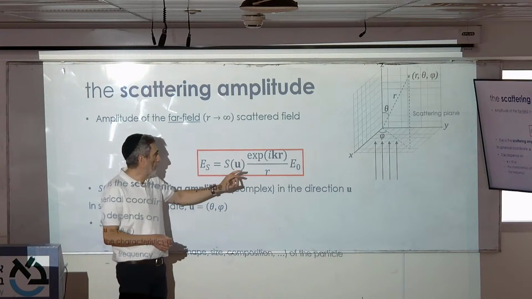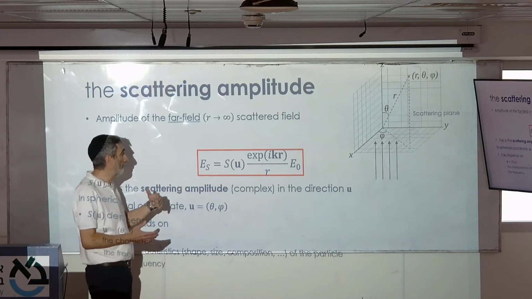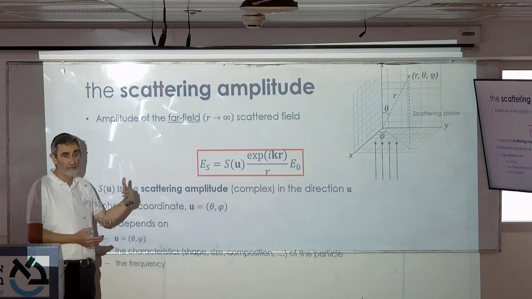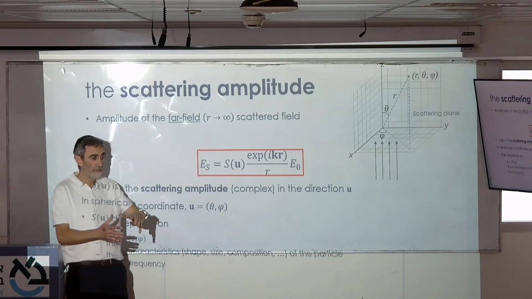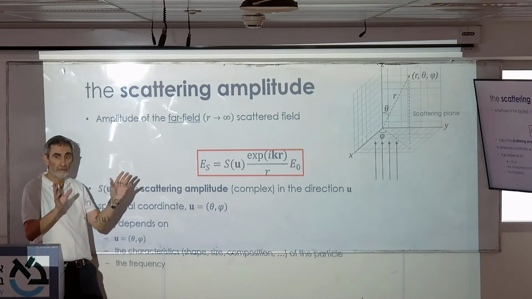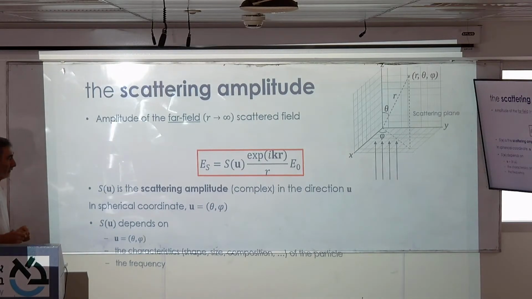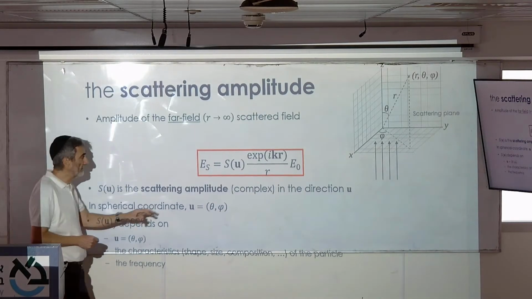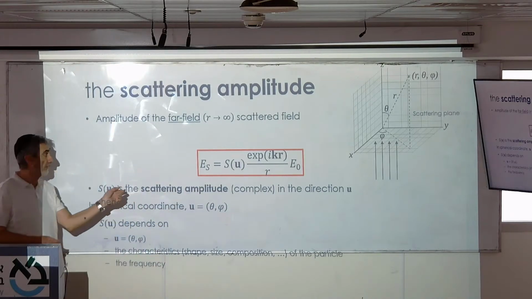This spherical wave is weighted by this function that tells you that in a particular direction theta and phi, you have a given amplitude. So it's a spherical wave, but with different amplitude at different positions in space. And you see that S does not depend on R, it depends only on the direction.